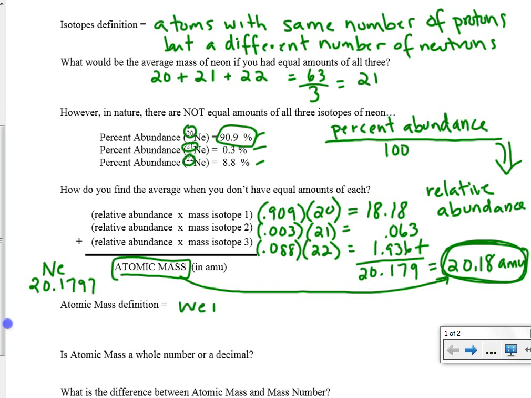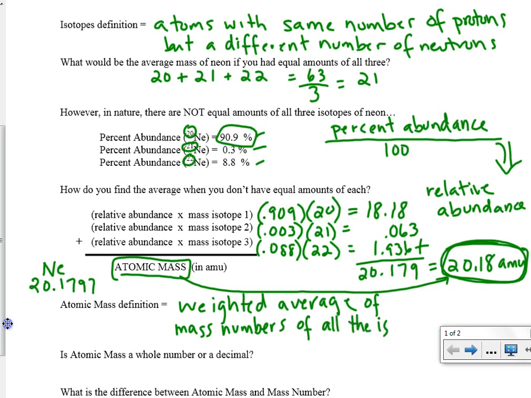The atomic mass definition: it is the weighted average of the mass numbers of all the isotopes of an element.